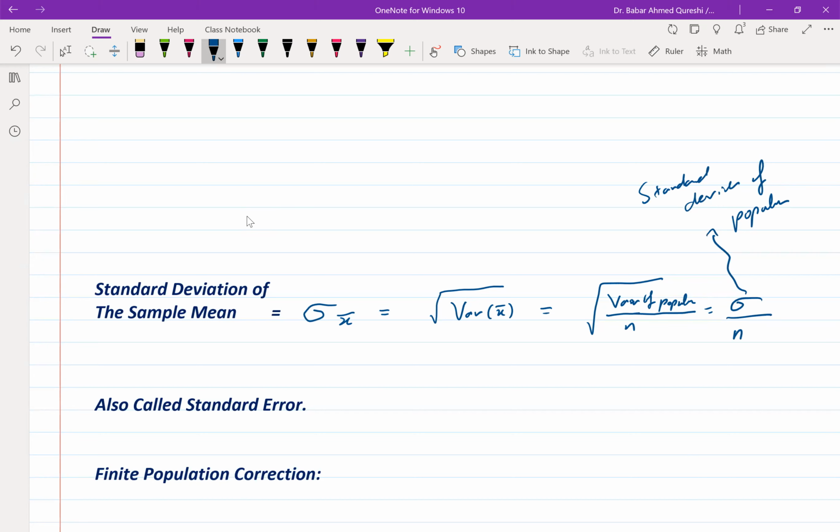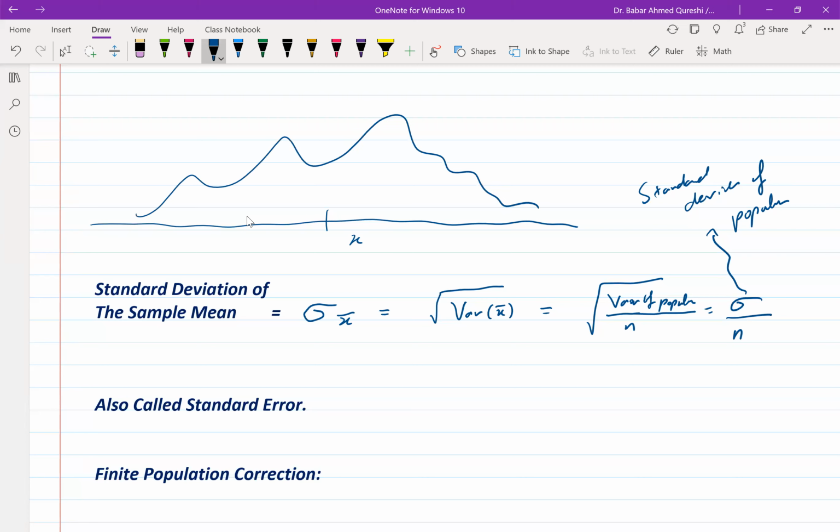So remember, population is spread as well. If I draw the values of this variable x in the population, it is spread as well. There's some central value, which is the mu, but there's a spread in the population, which is quantified by this thing, sigma.